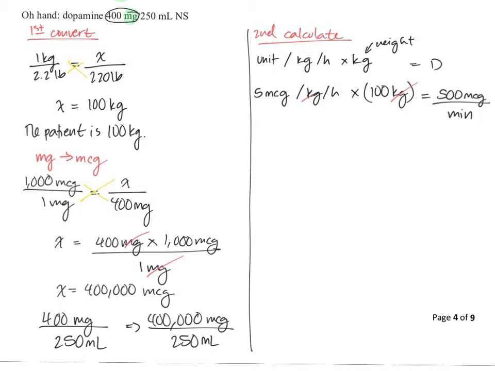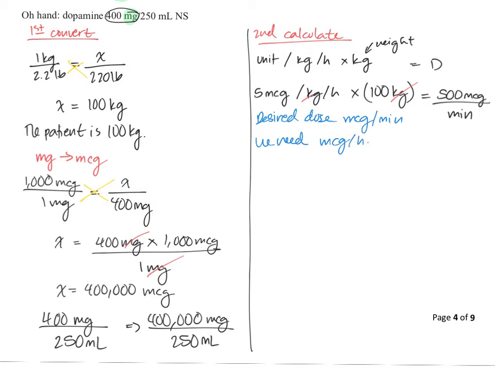The next thing we want to do is convert the unit of measure of the desired dose. The desired dose is in terms of micrograms per minute, and we need to calculate micrograms per hour.